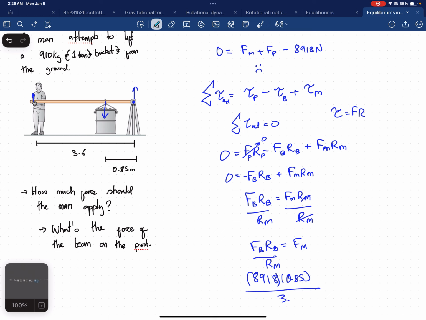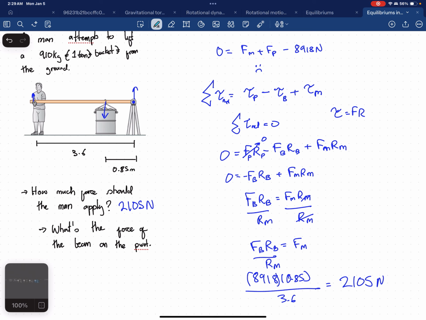I'm going to calculate this: 8918 times 0.85 divided by 3.6. It's going to be about 2,105 newtons. So we have found the amount of force the man should apply, 2,105 newtons.